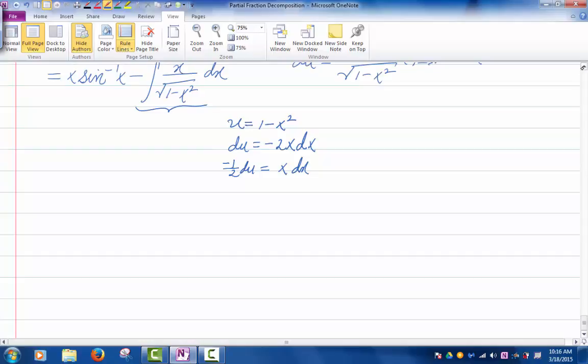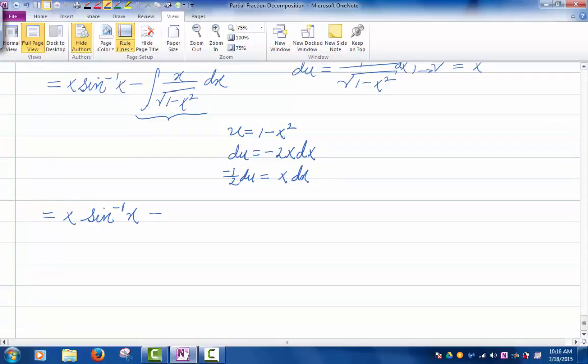If I use that, I get x sine inverse of x minus, in my previous integral, x dx becomes negative half du, and I get 1 over root of u.